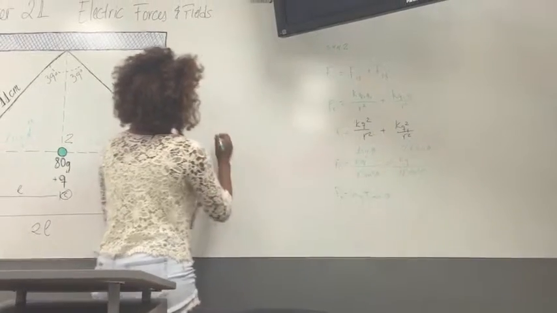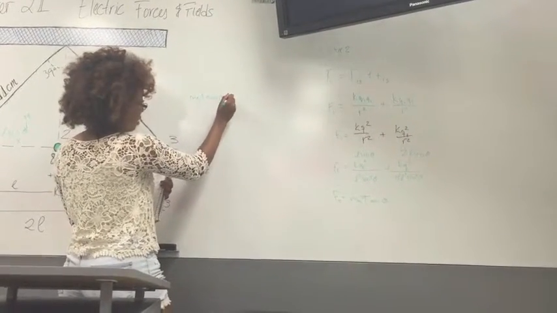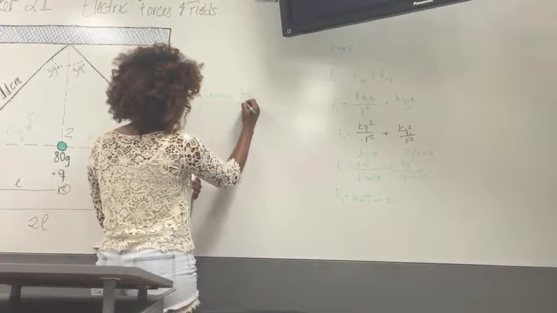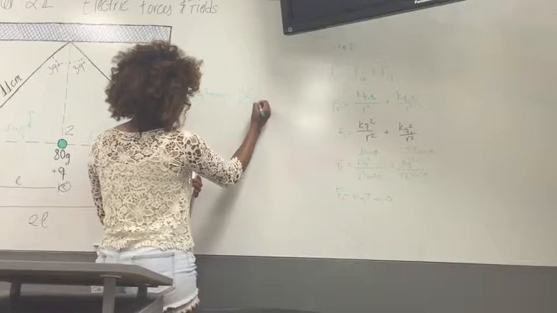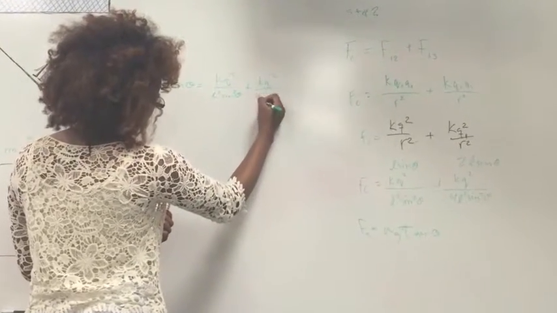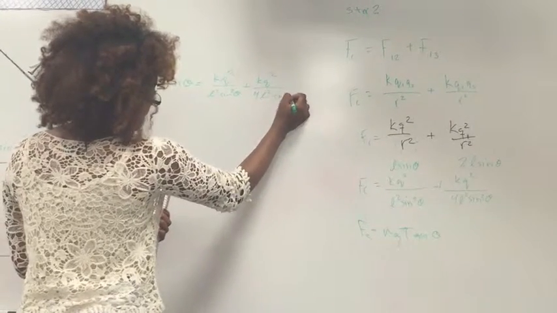Set these equal to each other, you'll say mg tangent of theta is equal to KQ squared over L squared sine squared theta plus KQ squared over 4L squared sine squared theta.